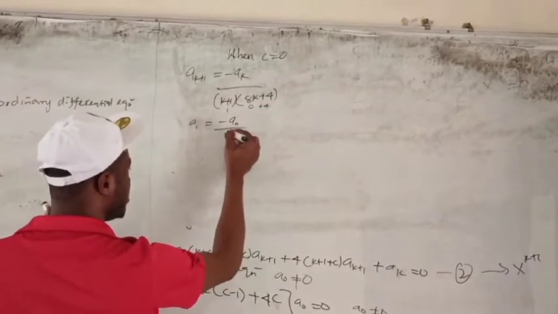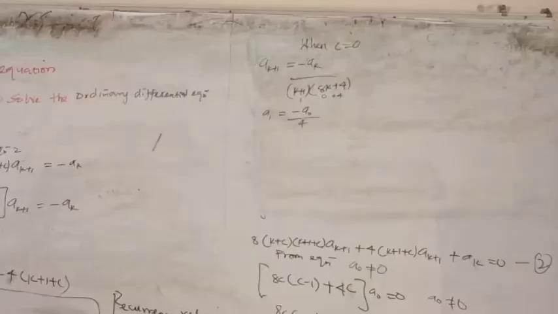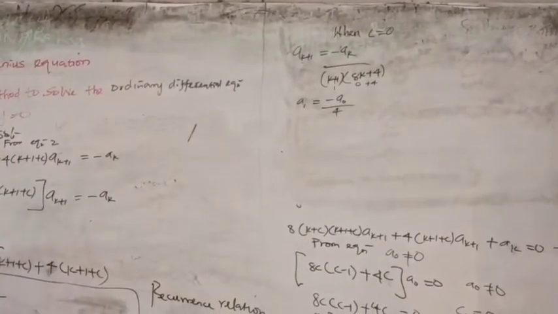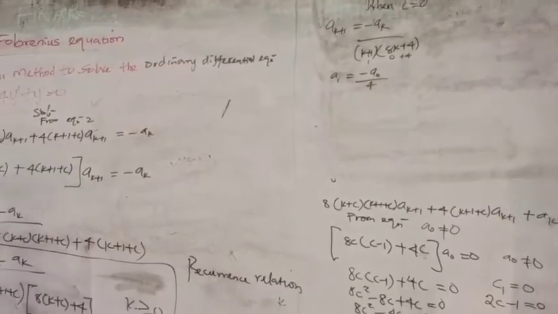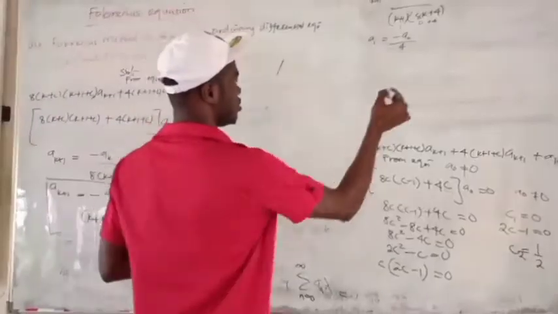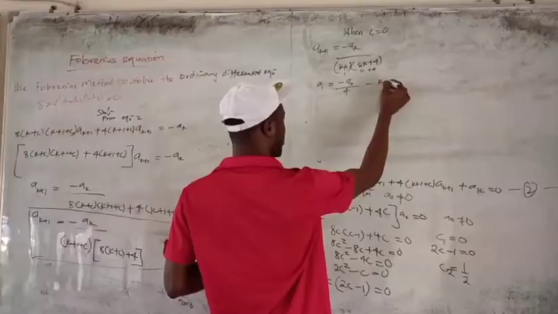So this gives you your a1, for when k is equal to 0.